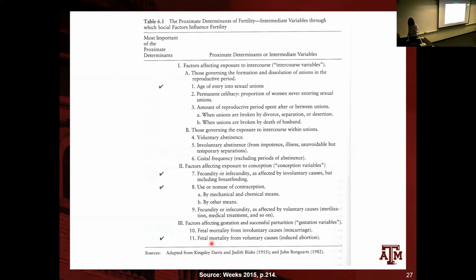in fertility are age of entry into sexual unions, so pretty much age in which women are getting married, fecundity or infecundity as affected by involuntary causes, use or non-use of contraception, and fetal mortality related to induced abortion, right?